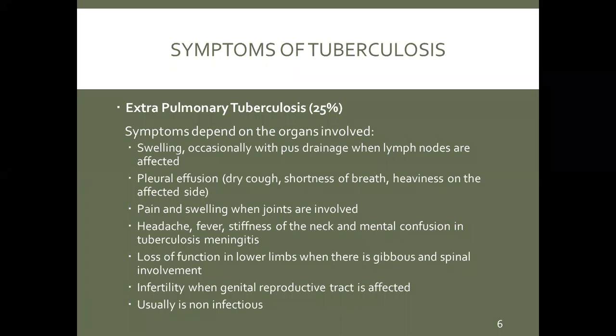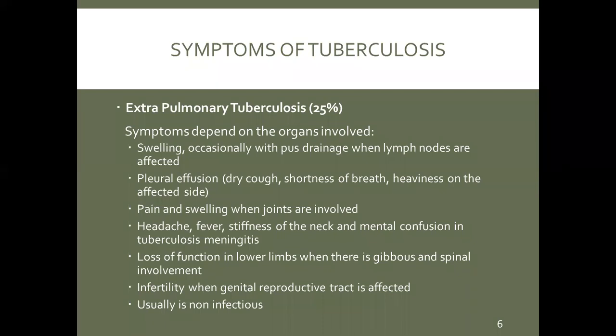Sometimes when the disease process is quite old, the patient may have pus coming out of the infected lymph nodes. If we talk about pleural effusion, patients usually have dry cough and shortness of breath, and may report heaviness or dull, non-specific chest pain on the affected side.